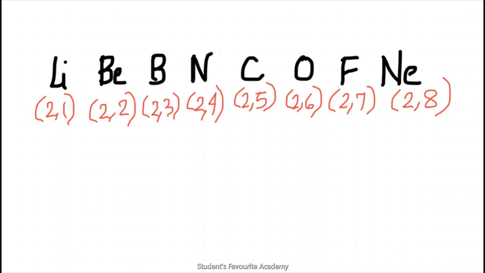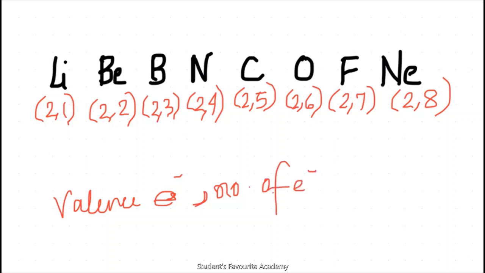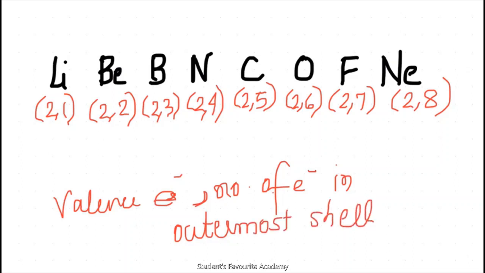Now first of all I will explain, children, what is the difference between valency and valence electrons. So what are valence electrons, children? It clearly defines the number of electrons in the outermost shell. So this is my valence electron.